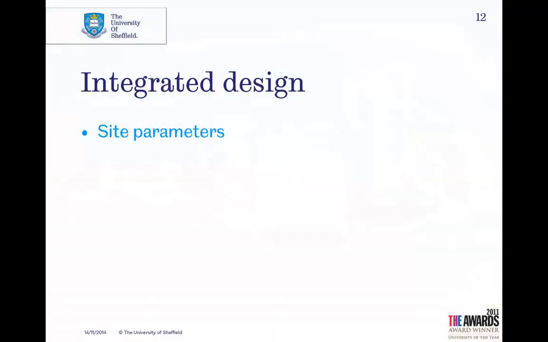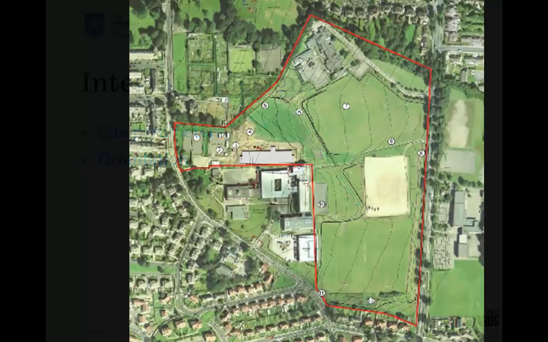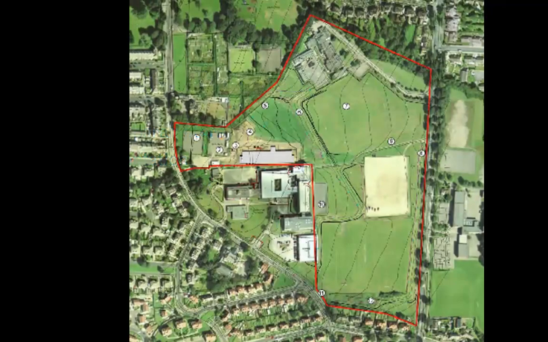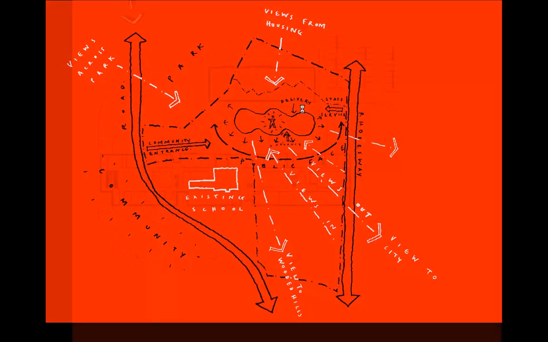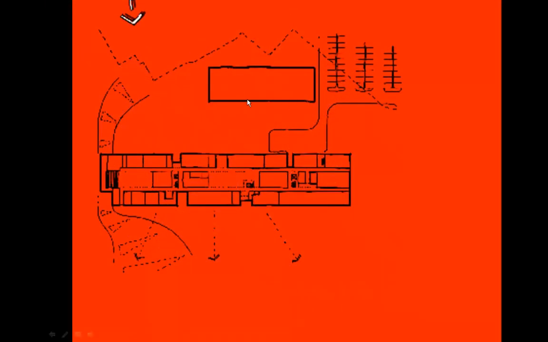So, site parameters. Orientation. That was our site, and that was our diagram of the site. So there are many site factors coming into play here, and that led us to look at this linear orientation for the building.